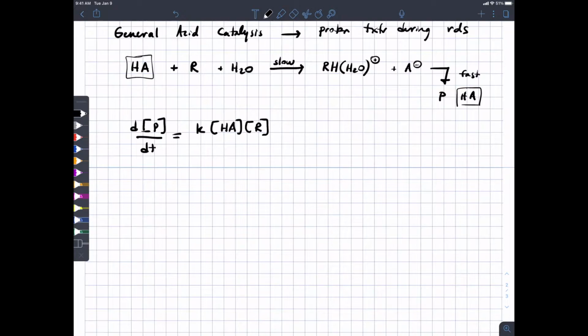I'm not including the concentration of water because it is huge and unchanging, and so we'll just fold it into the rate constant K. Like pure water is 55 molar, and usually organic reactions occur on the millimolar concentration scale.